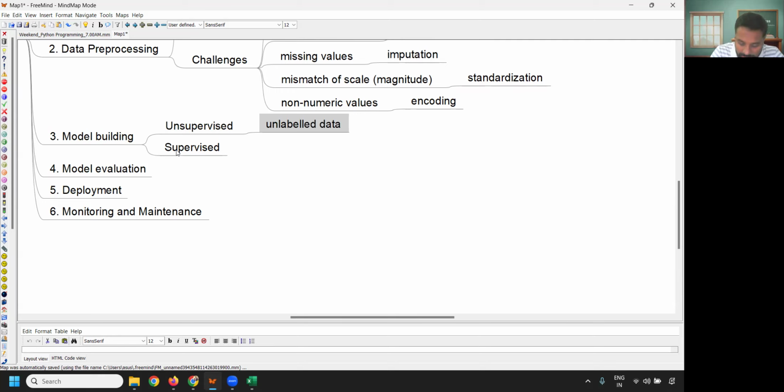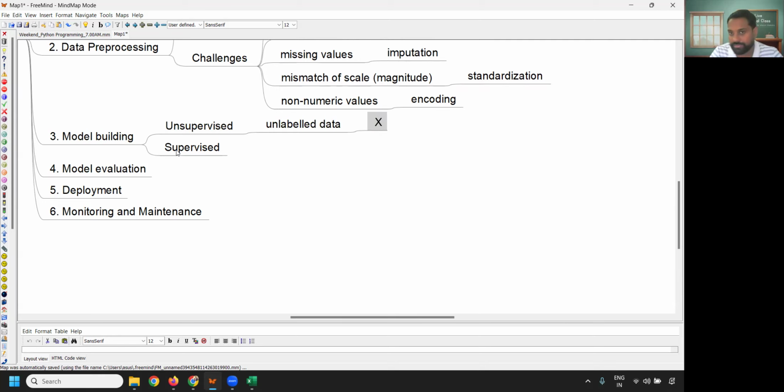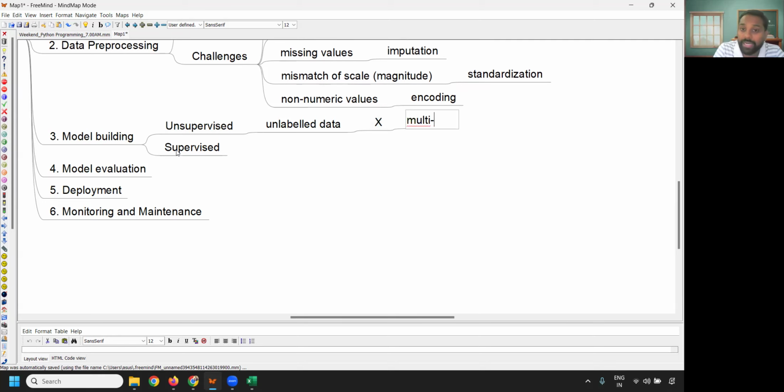That basically means we will have only X. And we are trying to perform multivariate analysis, define hidden patterns from the data set that we have. We try to define rules or patterns in the data.